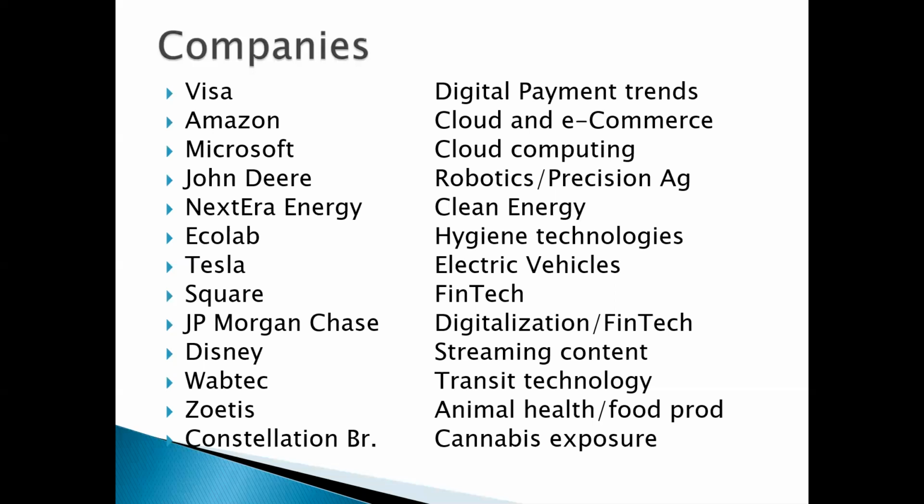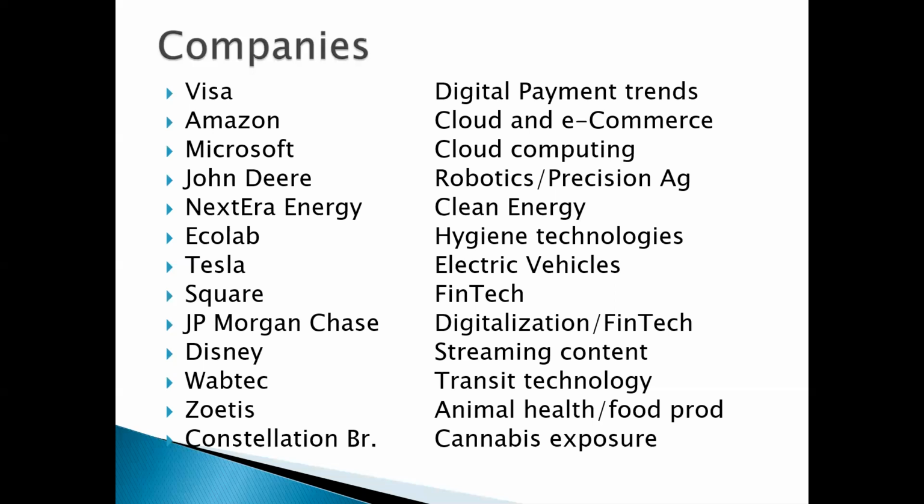NextEra Energy, the largest clean energy utility company out there, at least in the U.S. Ecolab, more in the hygiene technologies, and of course, particularly with coronavirus, hygiene has been a big area of concern.